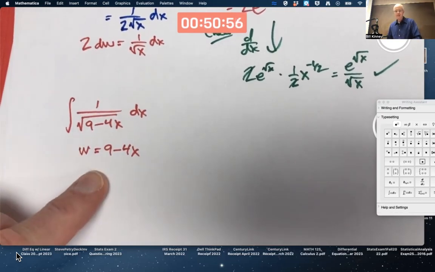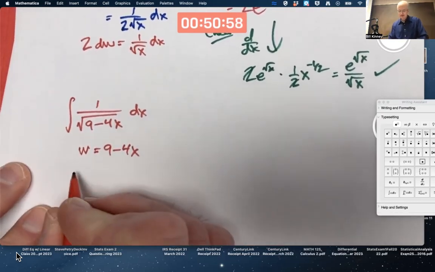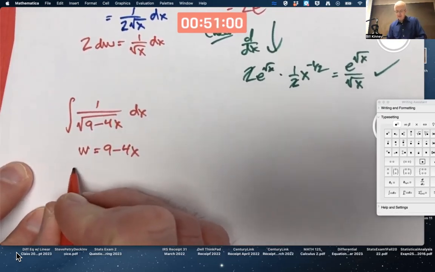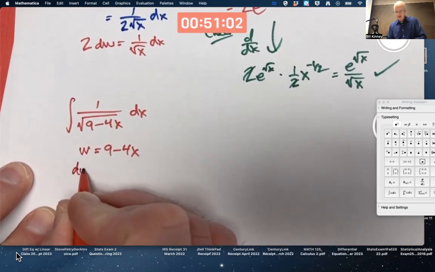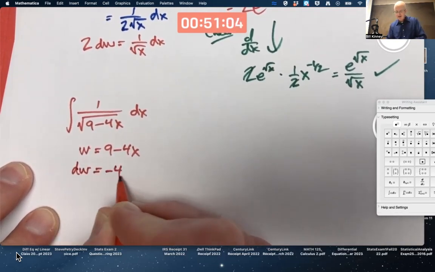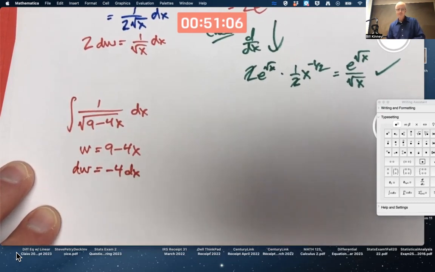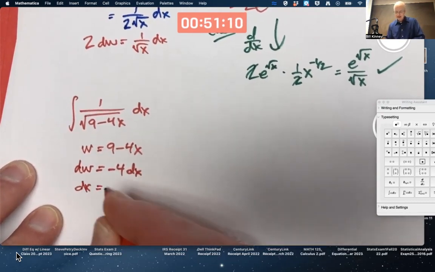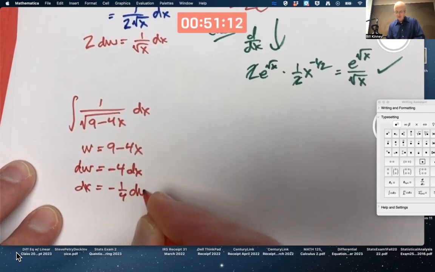So I'm going to try 9 minus 4x. The derivative of 9 minus 4x is negative 4. Therefore, dw is negative 4 dx, and dx would be negative 1/4 dw.